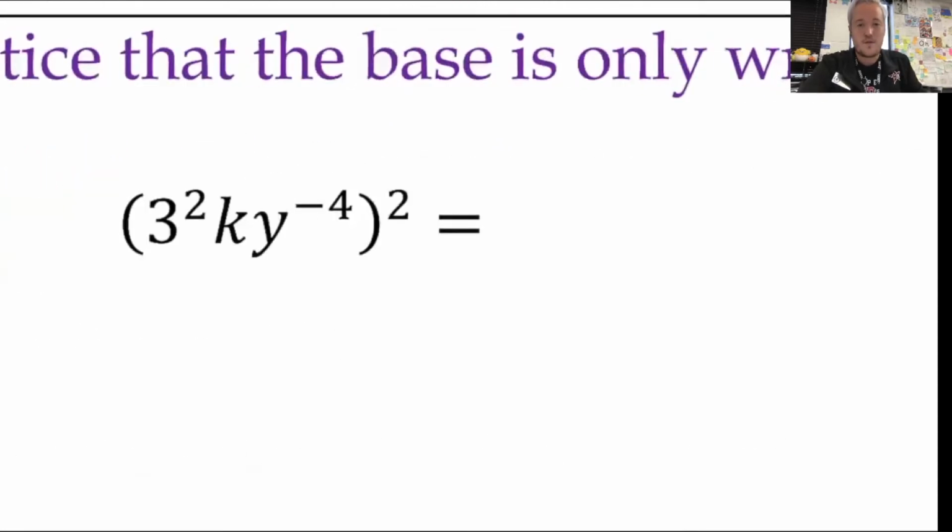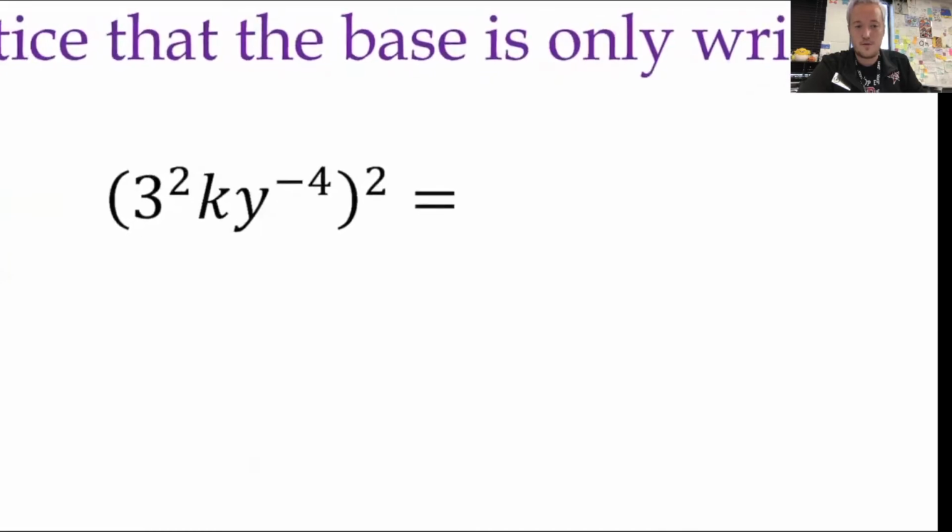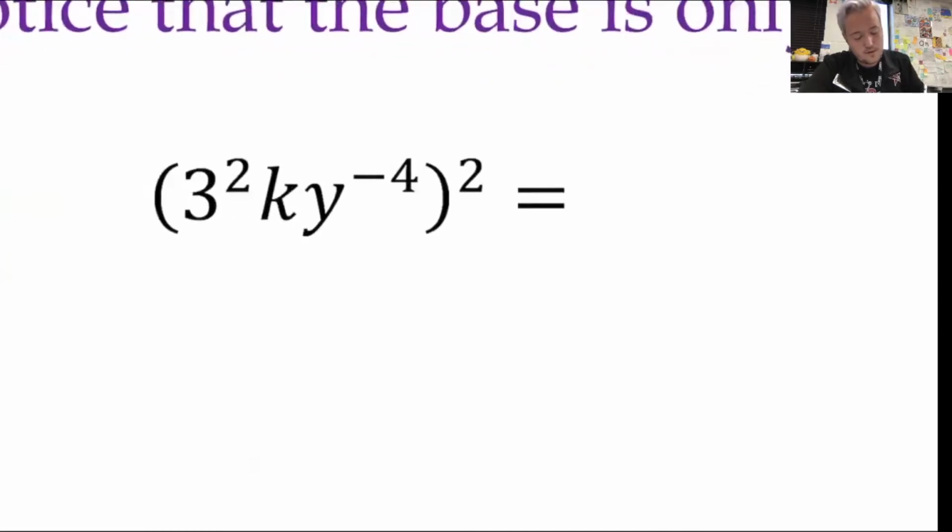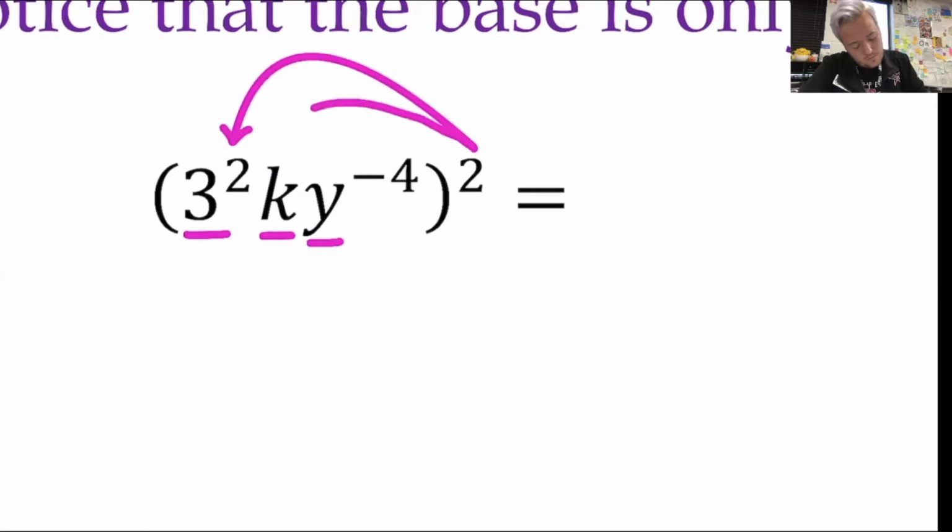Okay, for this next one, these are the ones that tend to be a little bit more tricky. So for these, notice how we're raising everything inside the parentheses to the 2nd power. So what we're going to be doing here is every single base is going to be getting this exponent. So what I mean by that is we're going to pretty much, quote unquote, be distributing.